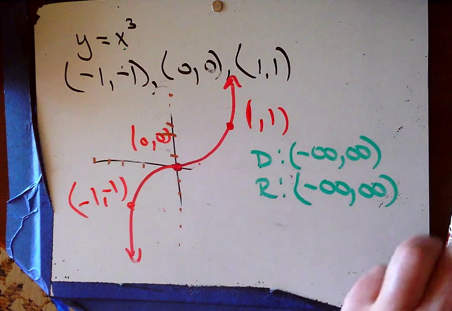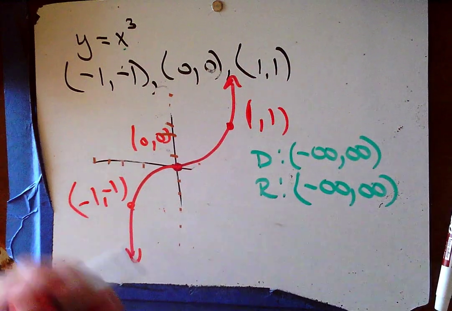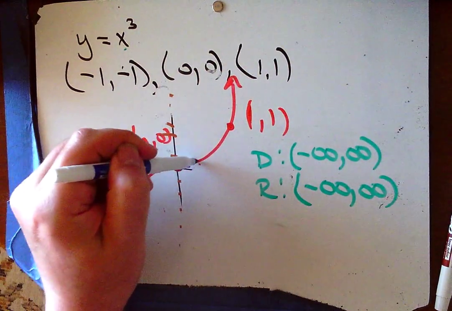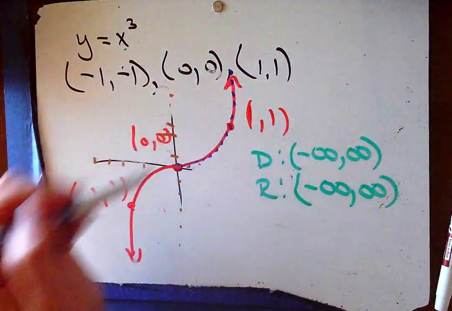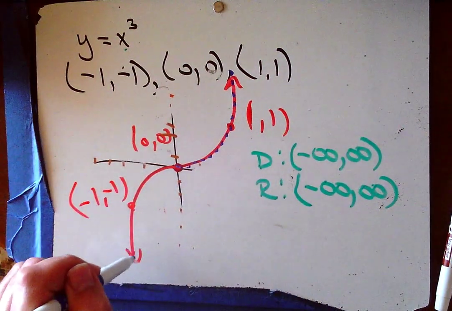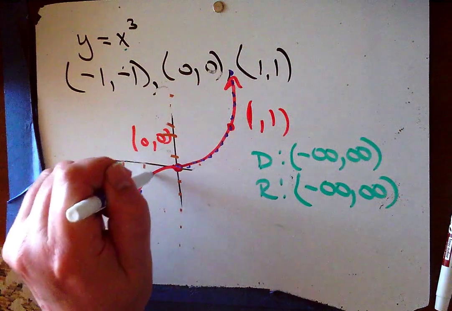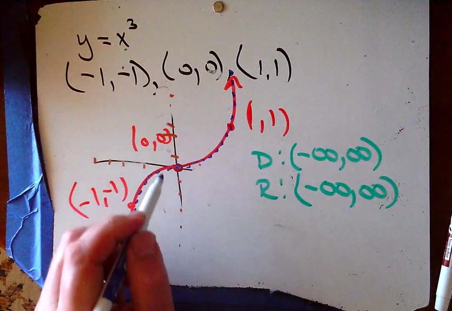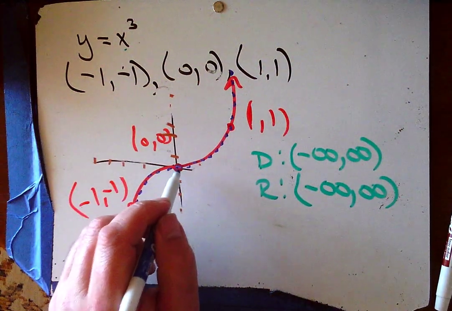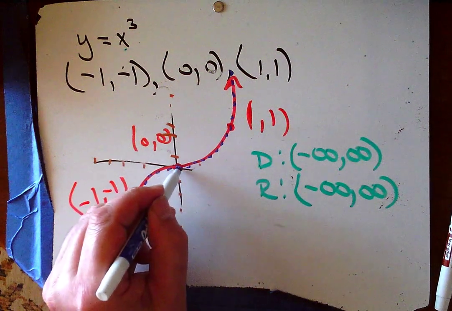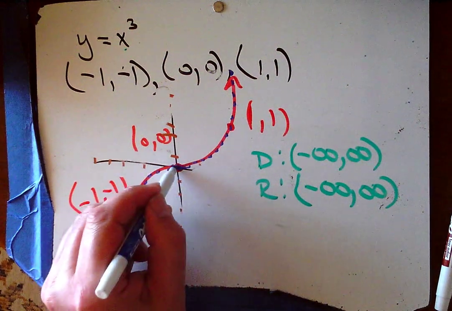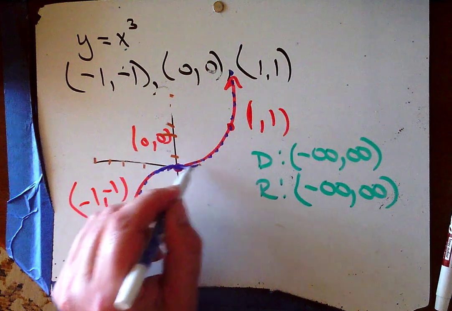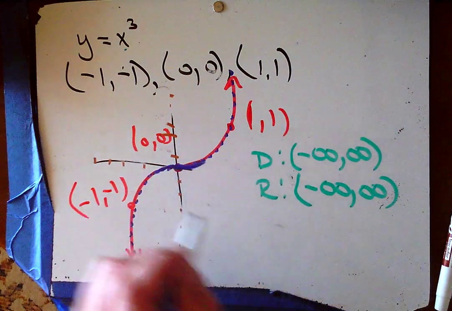And then what about increasing and decreasing? Well, I see a positive slope, a positive slope, a positive slope. And then I see a positive slope over here as well. The only place I don't have a positive slope is at 0, because really what's happening here is that I have just at that point a 0 slope.